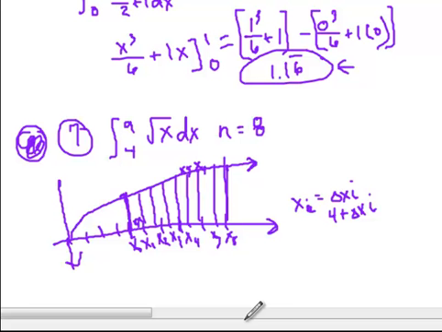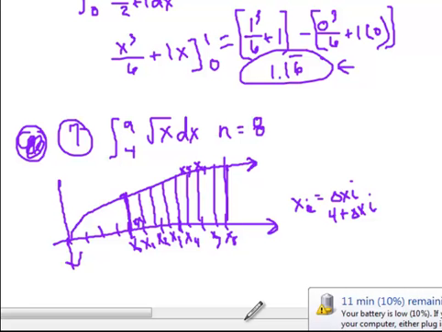So when you're moving along this x-axis, your x sub 0 would be given by 4 plus delta x times 0. This one would be given by 4 plus 1 times delta x. This x sub 2 would be given by 4 plus delta x times 2, because there's 2 delta x's. This is 3 delta x's, and so you would add that to the 4. So this is what you're going to use for your x sub i's.